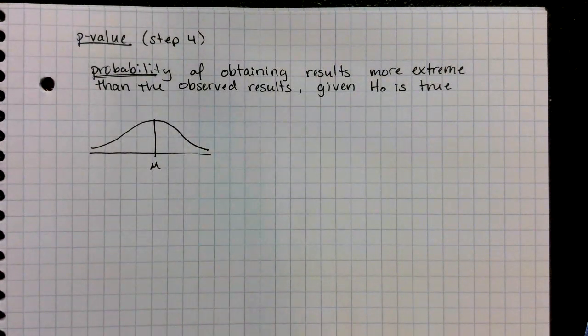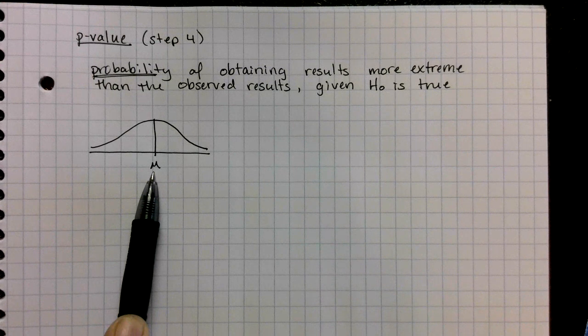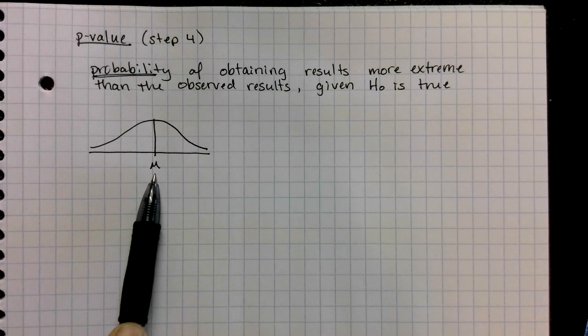So this is a little bit tough to wrap your mind around, but I feel like once you get it, it's not bad. So here's what I want you to imagine. H sub O, the null hypothesis, is true. So whatever somebody has claimed about the mean is truly the actual population mean.